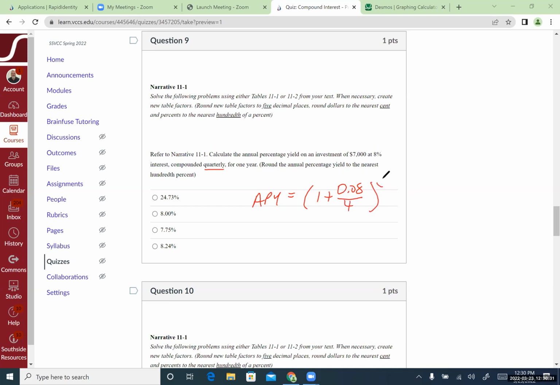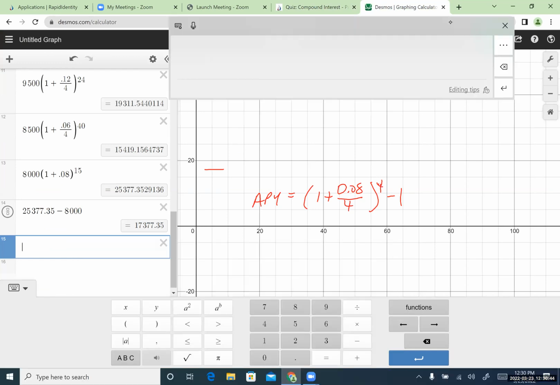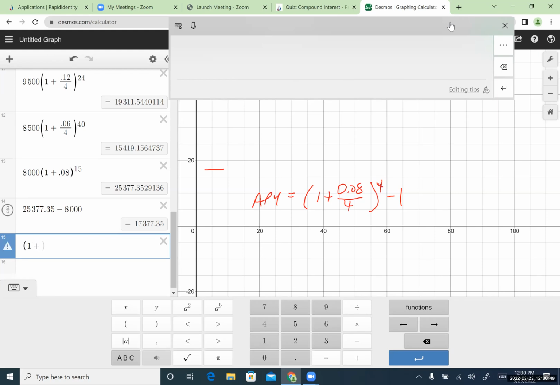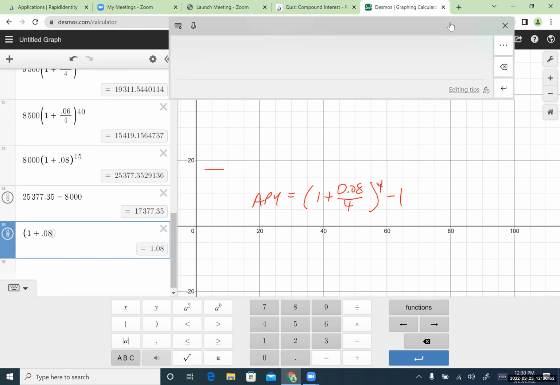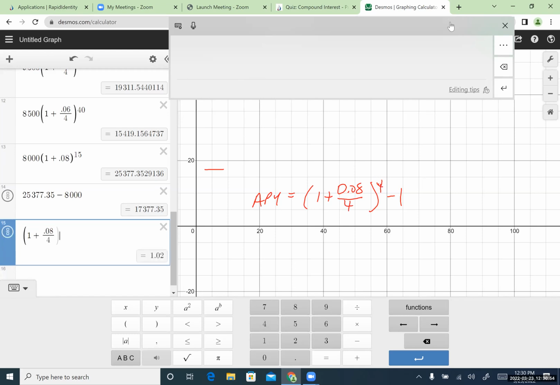And we raise that to the 4th power, and then we subtract 1 from it. Let's see what we get. 1 plus 0.08 divided by 4, all that raised to the 4th power, all that minus 1. I get 0.082, which is 8.2%.